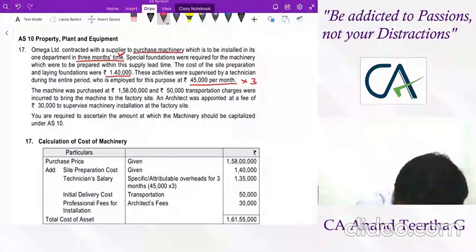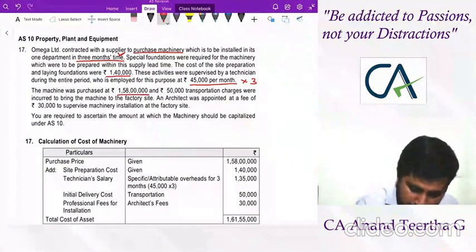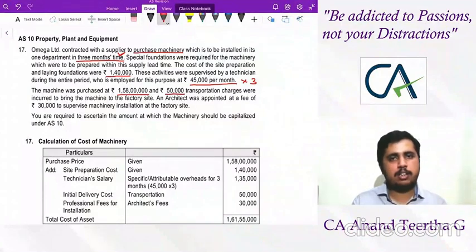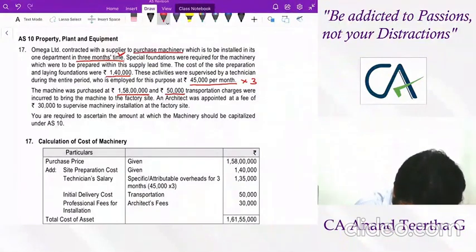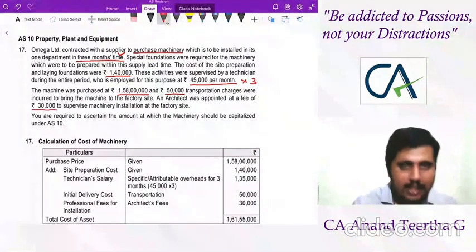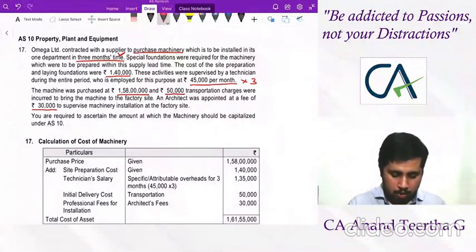Then purchase price is 1 crore 58 lakh, obviously added. Transportation charges is a direct cost, so that will also be added. And finally, the architect will come under professional fees. Even that is also a directly attributable cost, so that also should be added. Once you add all these, you are going to get the total value of the asset.